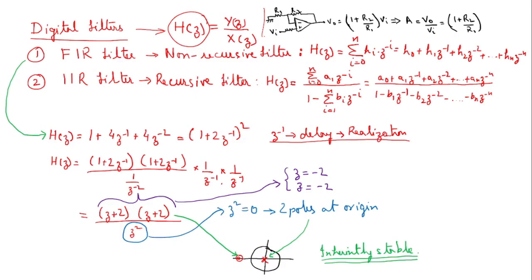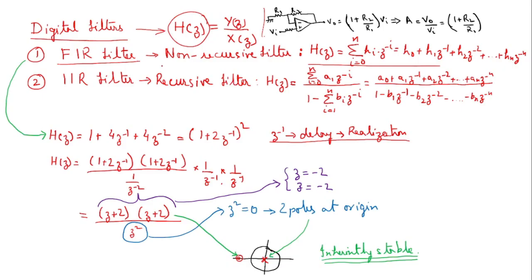The first one is in this way, where H(z) is equal to the summation of i equals 0 to n of h_i z to the minus i, and so on. So if you see over here, there are no denominator components. And this type of filter is regarded as a finite impulse response filter.